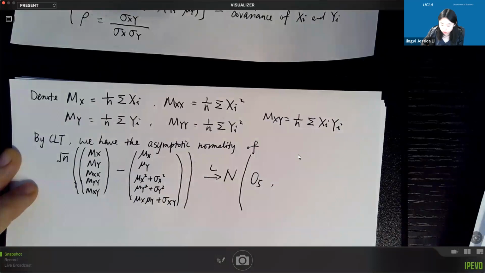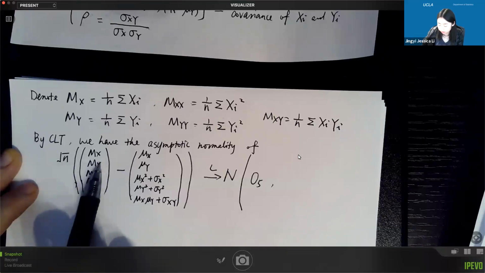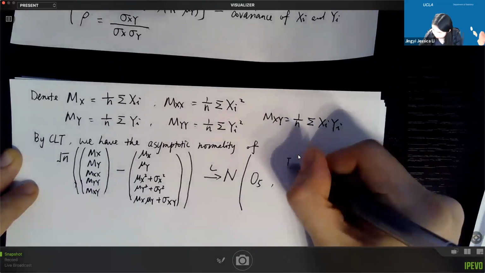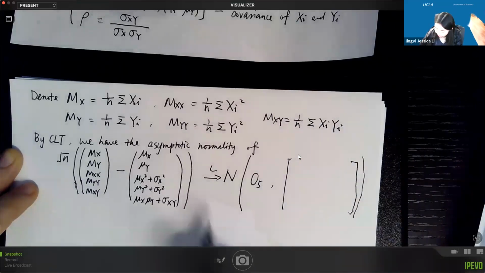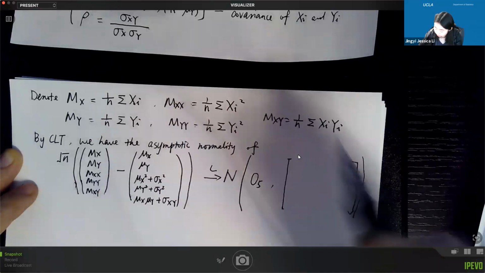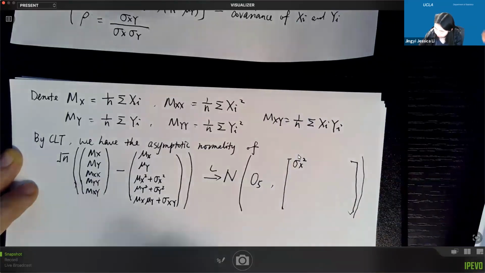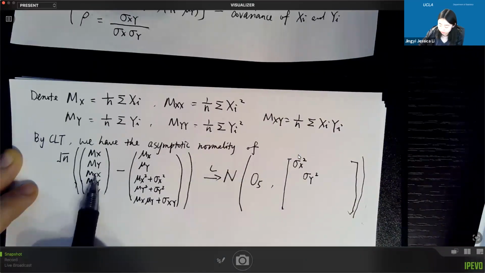Essentially, we can write it out in terms of these things. That's actually implied in the central limit theorem. So maybe I can just briefly write it out. This is a 5 by 5 covariance matrix. The first term will be the variance of x itself, so that's sigma x squared. That's not a problem. Second diagonal, sigma y squared. This one is a little more complicated.